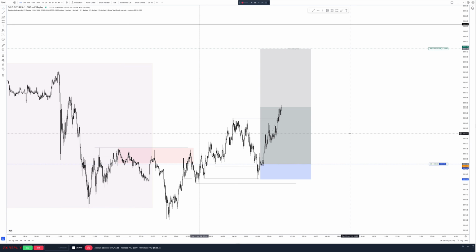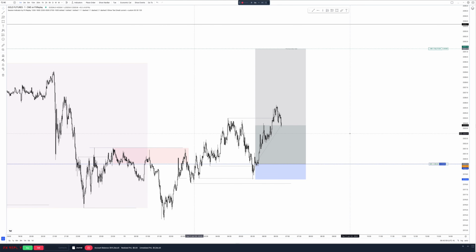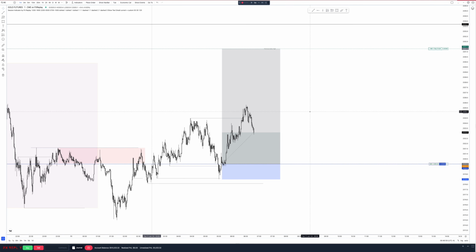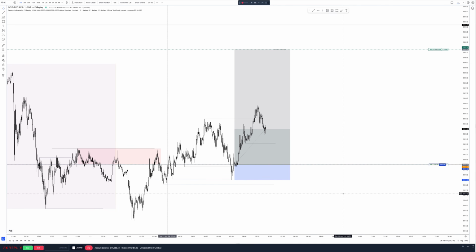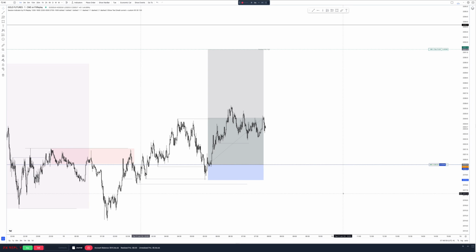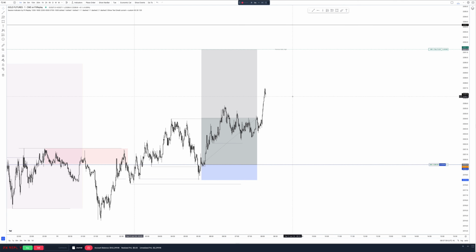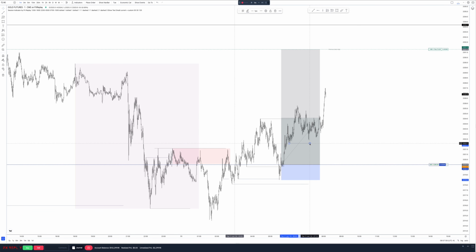All right, let's play some more PA. We do have this liquidity, so we have all this right here that I can come for. Let's see. Okay, I guess not. Okay, respects the lows.